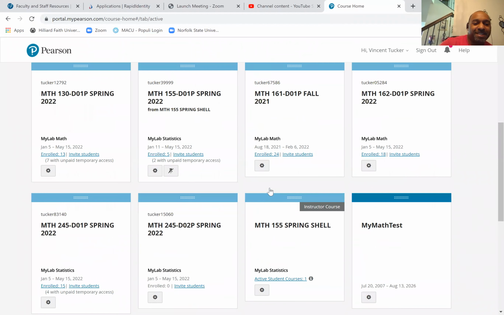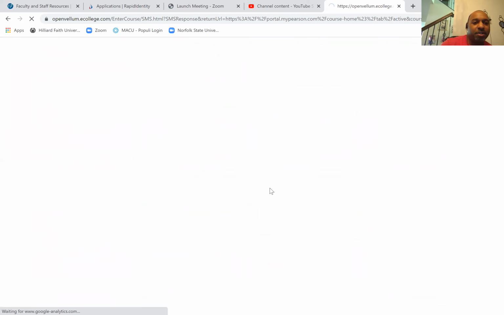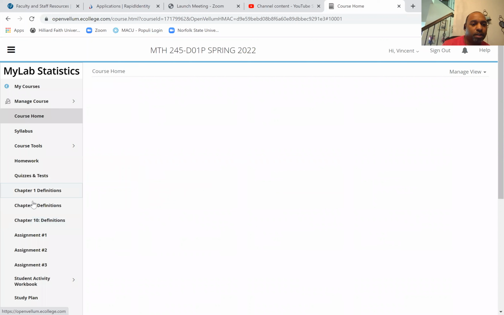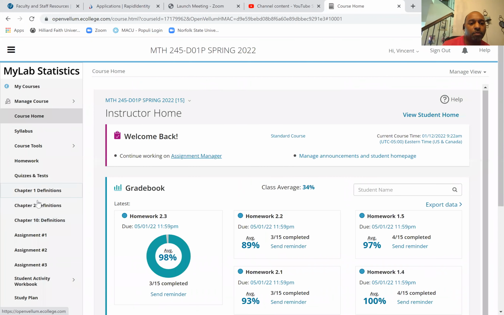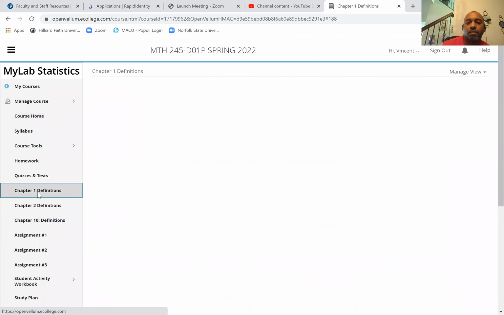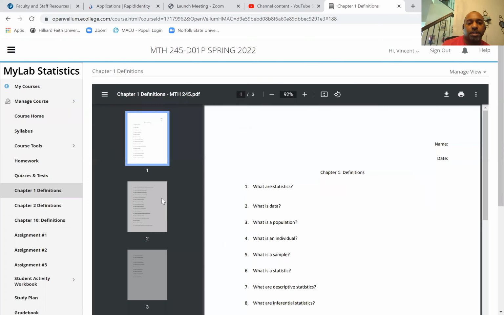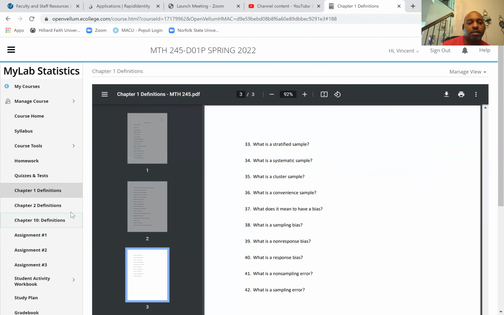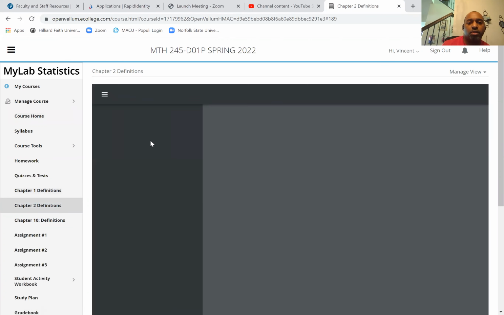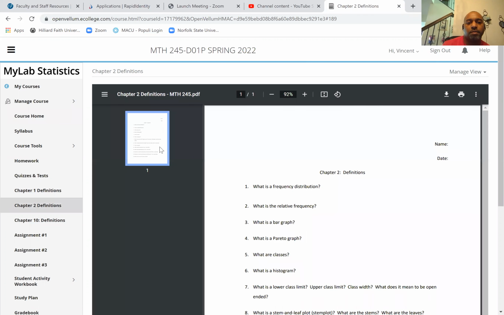All you do is familiarize yourself with these terms. Definitions 1 and 2 are right here. Click on it. Definitions 1 is 3 pages. Definitions 2, though, is just 1 page, because the majority of chapter 2 is about graphs.